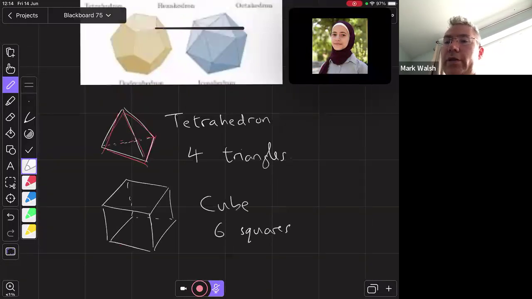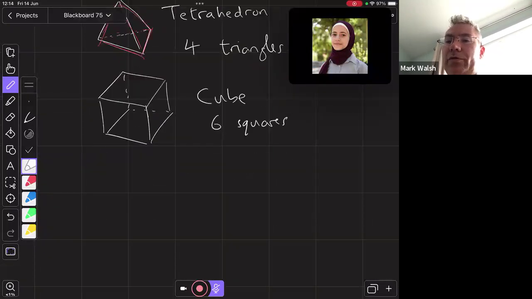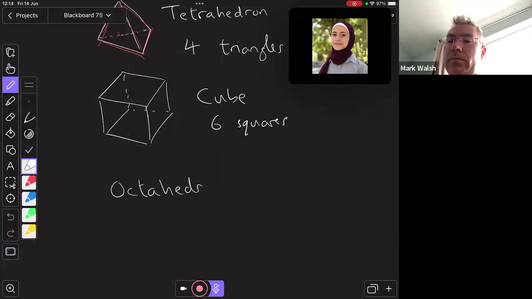I won't draw them all, but you also have the octahedron, which is made up of 8. Sorry, I can't seem to draw on this. The surface is glass and kind of slippy, and my pen slips, so my writing is maybe difficult to read.